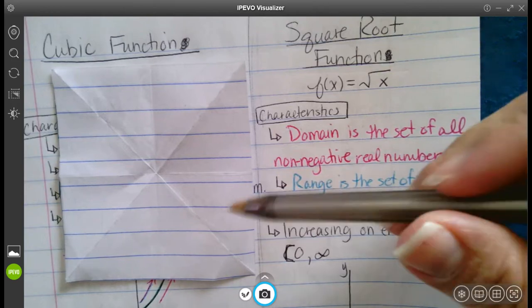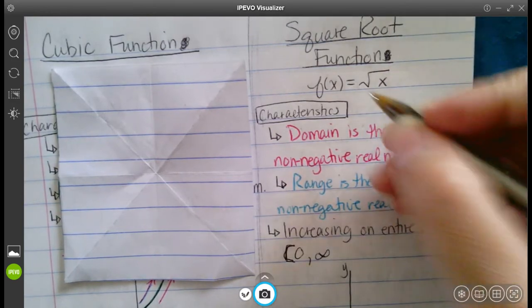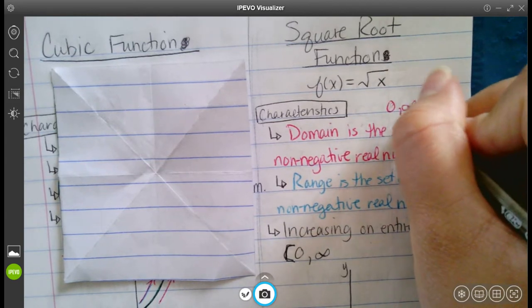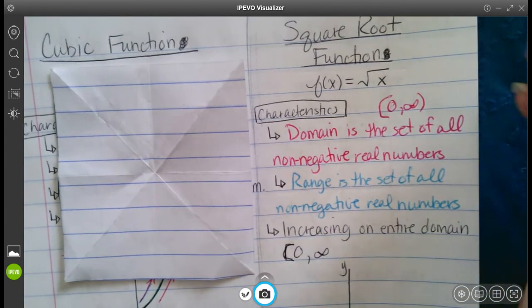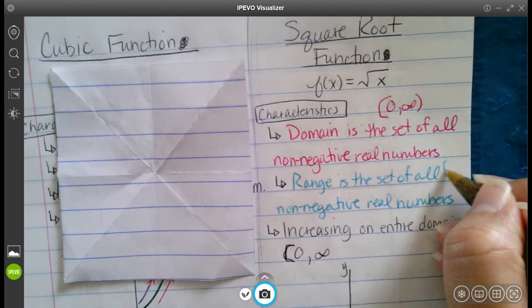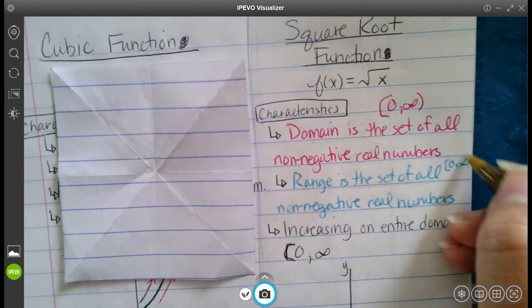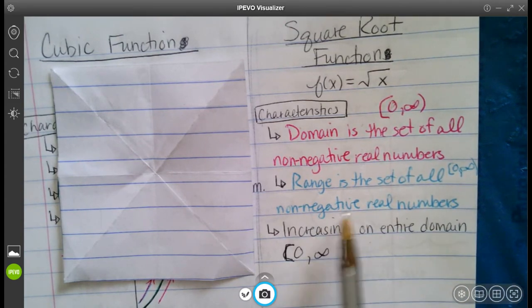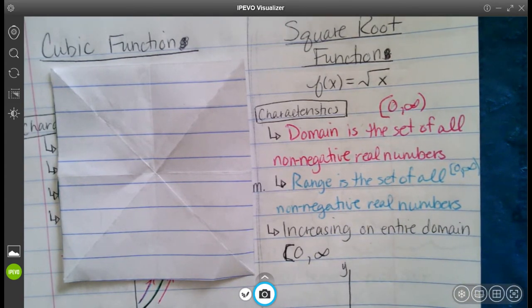So just like the one over here, not this one, previous one, I think it was the quadratic, you're looking at 0 to infinity, okay, for both the domain and the range. I'm just going to squish that in here, 0 to infinity. That's what this means right here, the set of all non-negative real numbers. Because if it's non-negative real, that means it's going to be positive, right? And it's going to include 0.